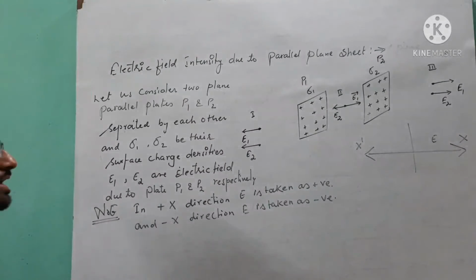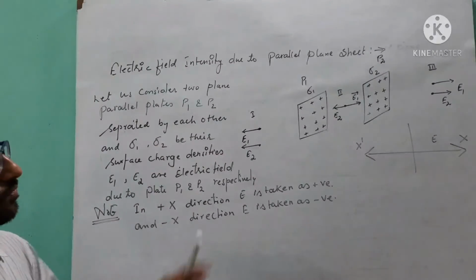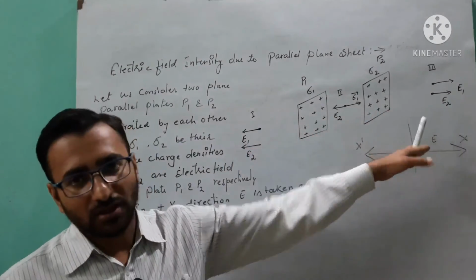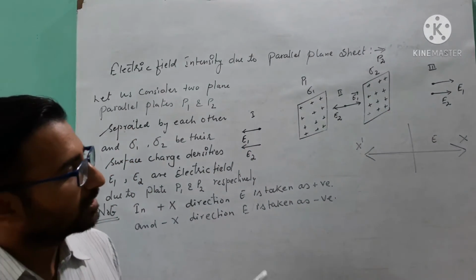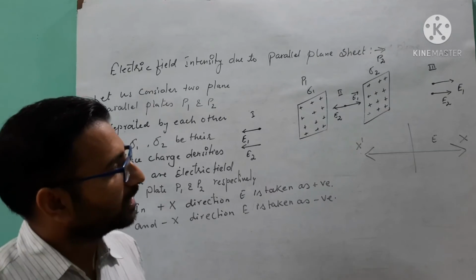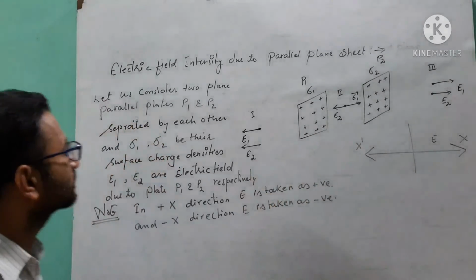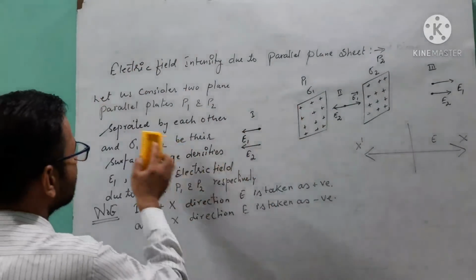Now we will calculate the electric field in region 1, region 2, region 3. First I will start the calculation of electric field in region 1. You can start from the third also.